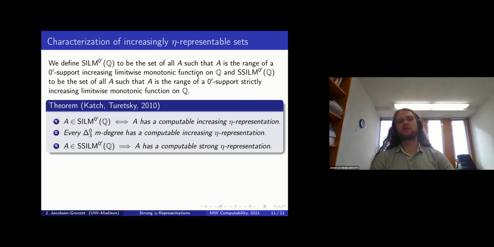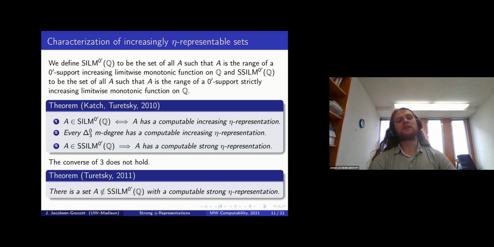Also, similarly to how Harris showed it, if A is a member of SΣ^0' Q, then A has a computable strong Ada representation. However, this is only in one direction, and Turetsky was able to give a counterexample: a set A which is in SΣ^0' Q, but A does not have a strong Ada representation.